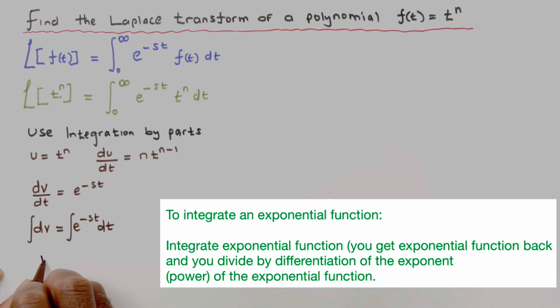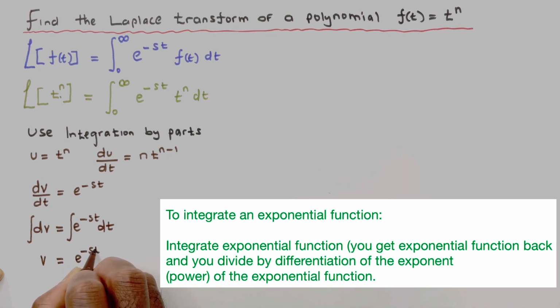And we integrate both sides, we get v. If you integrate an exponential, you get the exponential back, divided by the derivative of the exponent.